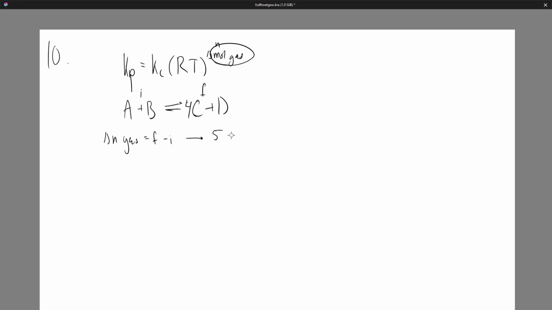So if the product side has a larger difference in moles than the reactants, you have a larger exponent here, which means your Kp will be larger because of that.